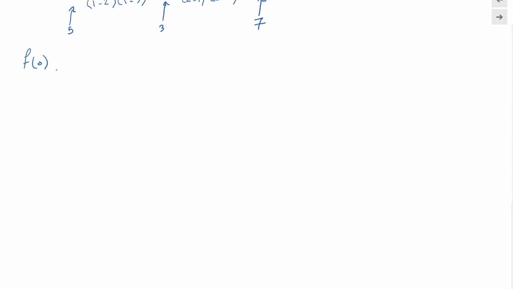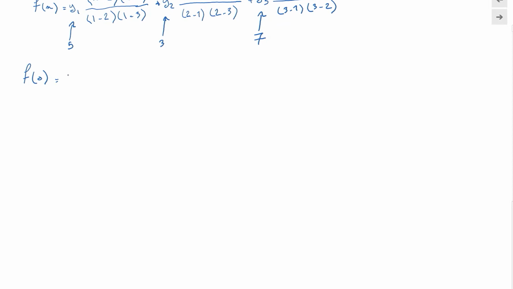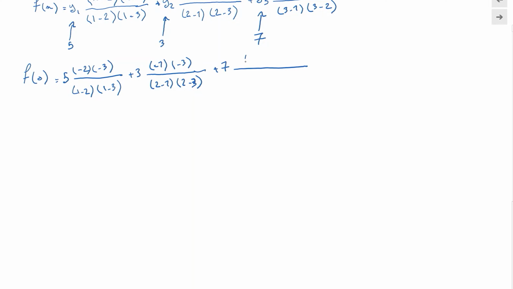And so f of 0 would become what? If I replace every x over here with 0, I'll get 5 times minus 2 times minus 3, over 1 minus 2, 1 minus 3, plus what is 3 times minus 1 minus 3, 2 minus 1, 2 minus 3, plus 7 times minus 1 minus 2, right?